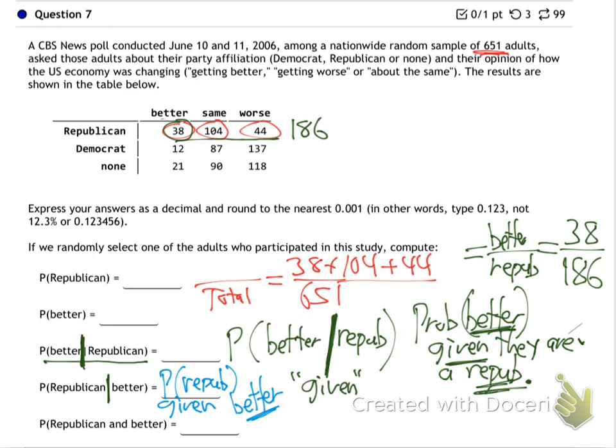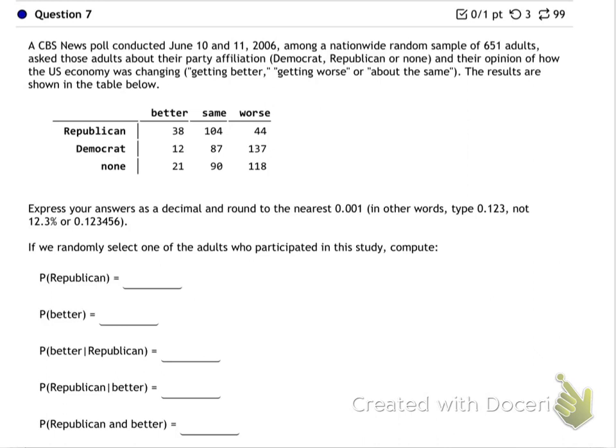I'm kind of running out of room, so I'm going to go to a fresh screen here. So the probability that they're Republican, given they think the economy's getting better.